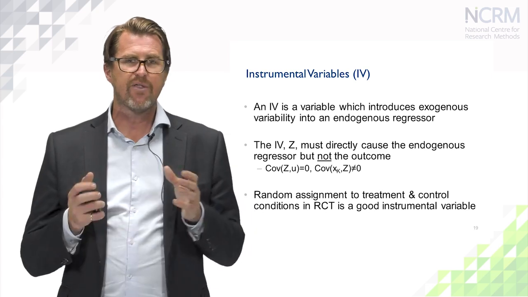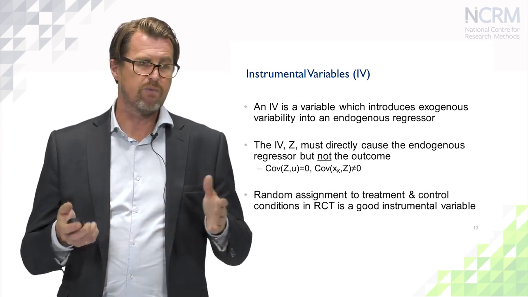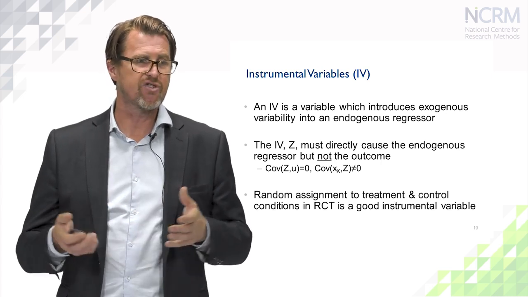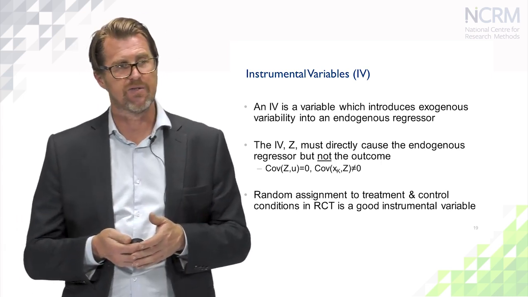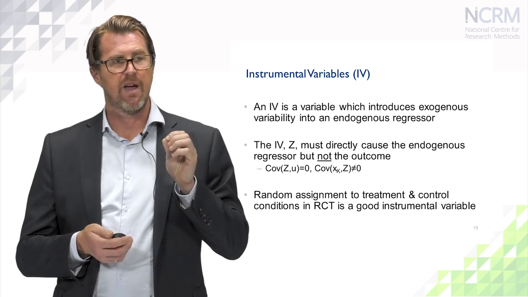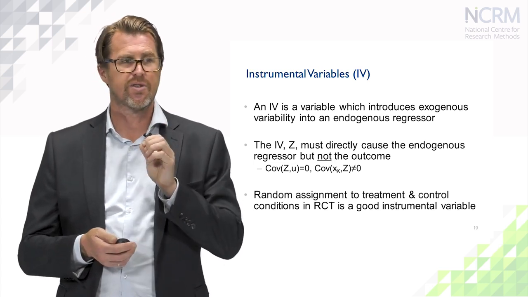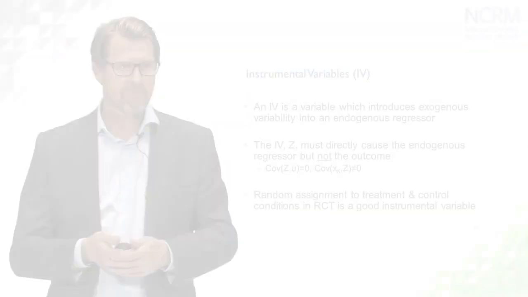To have the properties of an instrumental variable, which we'll refer to as Z, the instrument must cause the endogenous regressor, but not cause the outcome.